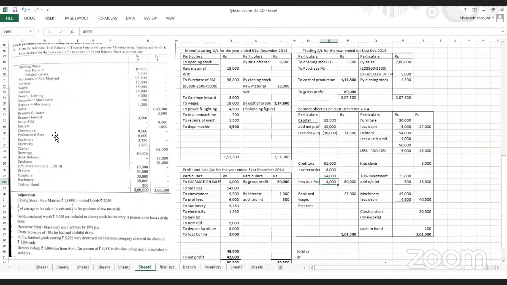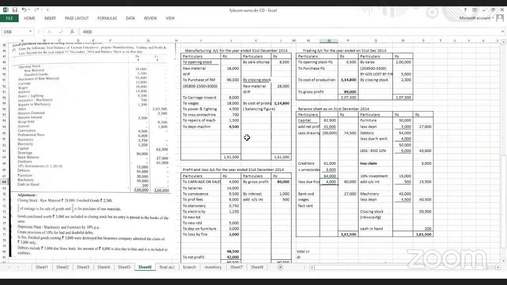If it is on debit side, P&L debit. Conveyance, professional charges, stationery, electricity, all are expenses. Easy. Drawings, less from capital. Bank balance asset, creditors liability. 10% investment asset. Debtors asset, furniture asset, machine asset, cash asset.